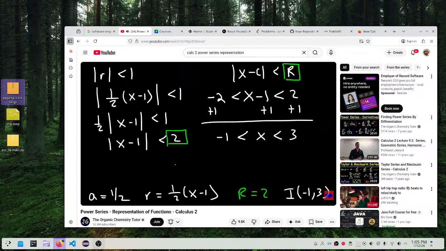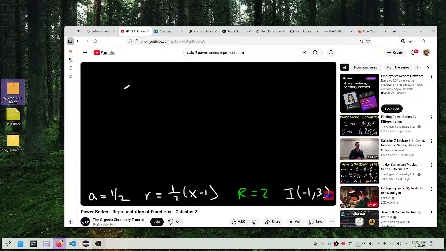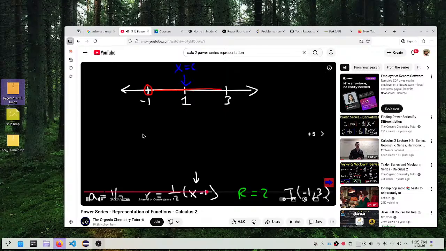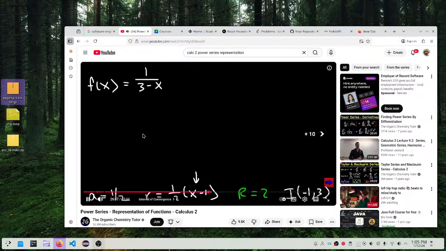Now let's plot it on a number line. So it's from negative 1 to 3, and our c value is the midpoint of those two values. So c is 1. So this geometric power series will converge anywhere where x is between negative 1 and 3. This function is the geometric series centered at c equal 1.